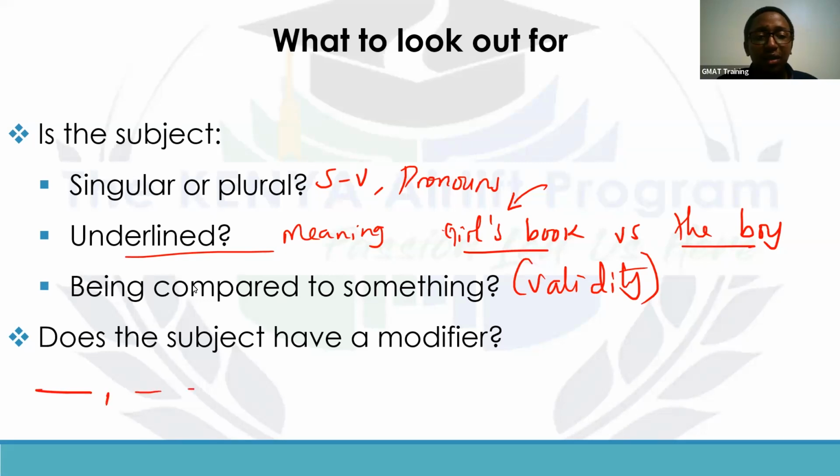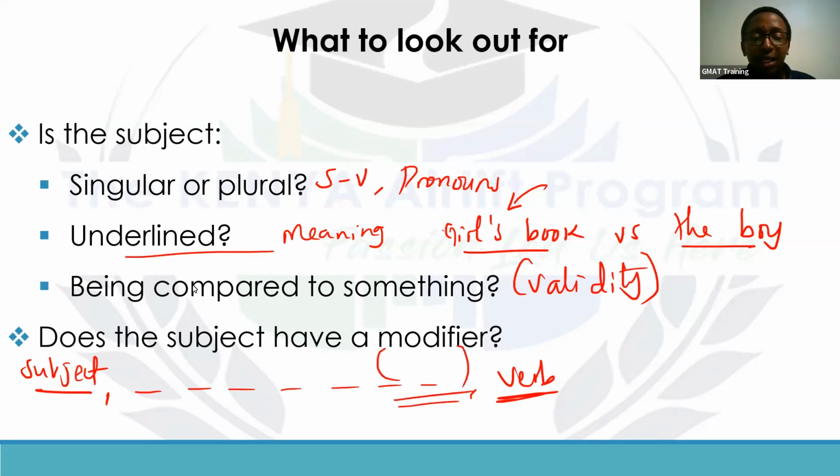So if you have a very long modifier, then you have a verb that should agree with this subject, it's very easy for us to take, say, a noun that is inside the modifier to go with this verb, which of course is costly in sentence correction. So the identification of a subject is very important.